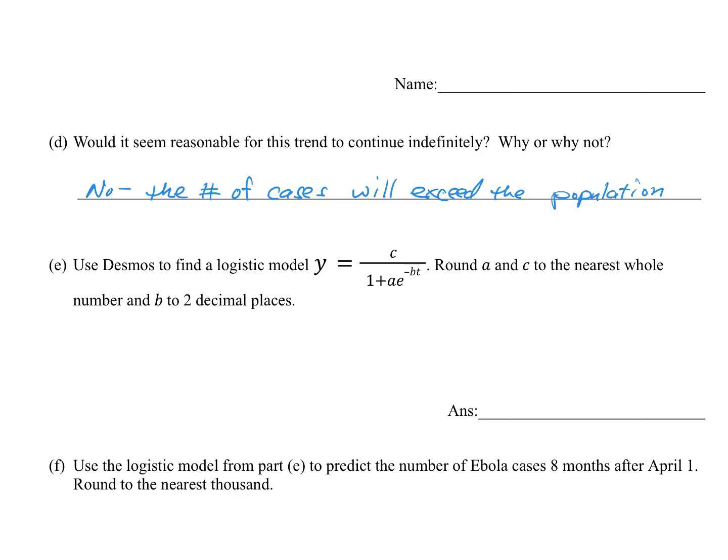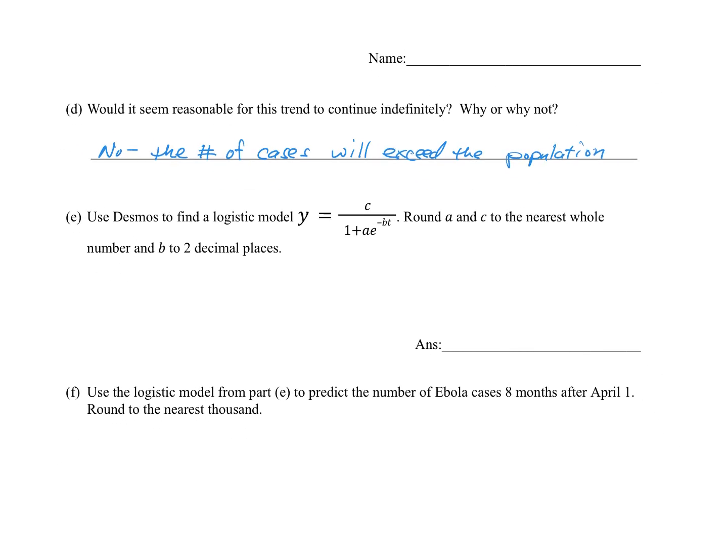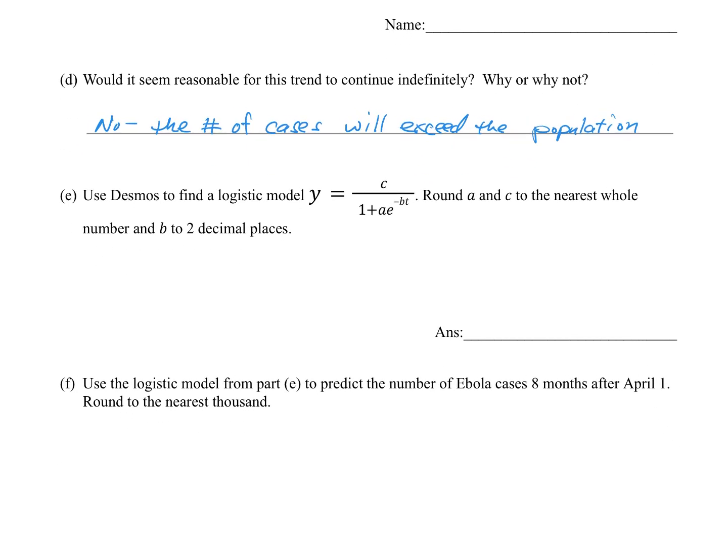And if you go on to take more math after this, you will learn that there's better models to fit diseases. And one of them is called the logistic model, which is given right here. So if you type this in to Desmos, again, using the same table of numbers, it's just going to be y1, and that's going to be approximated by c divided by, parentheses, 1 plus a times e raised to the negative b times x1.